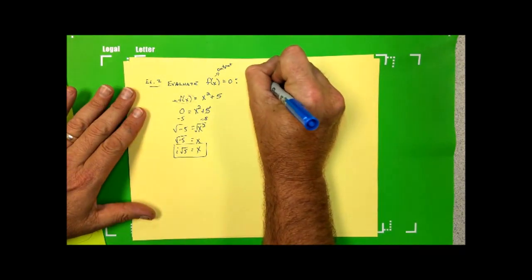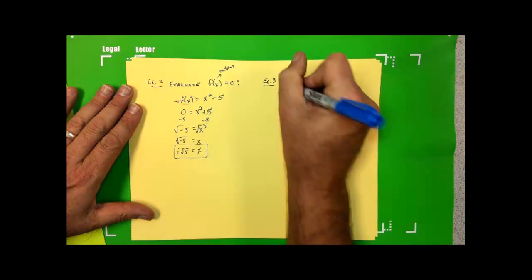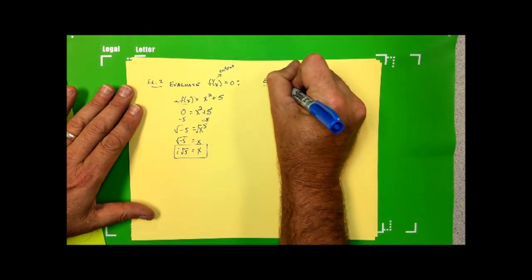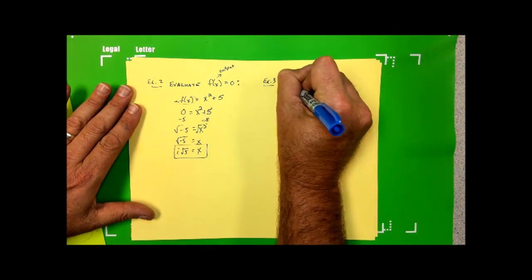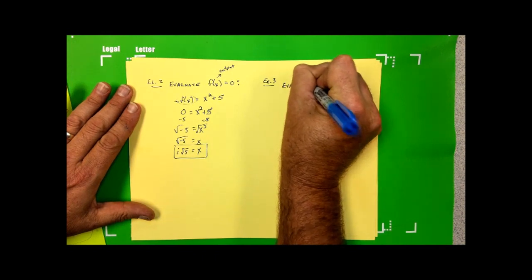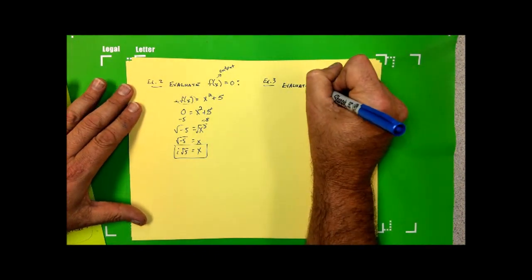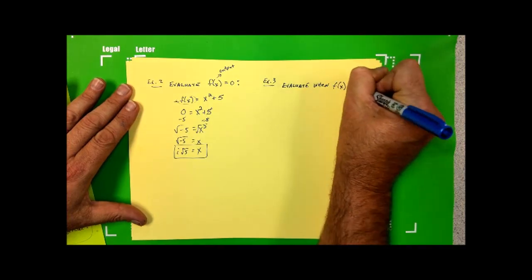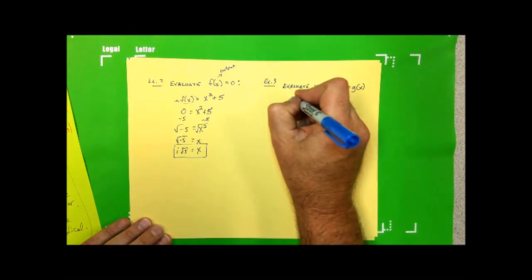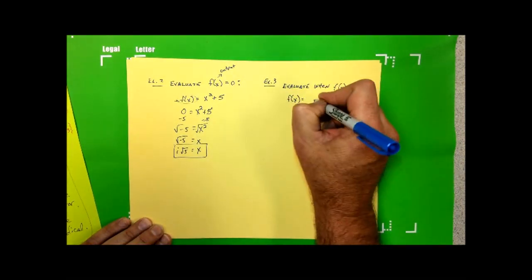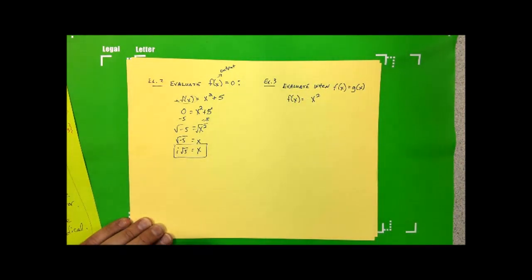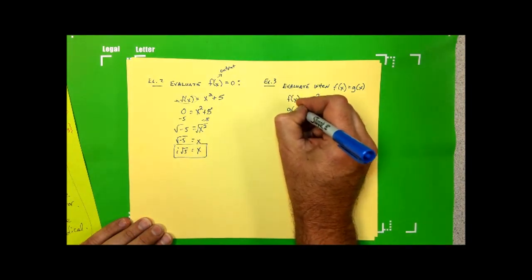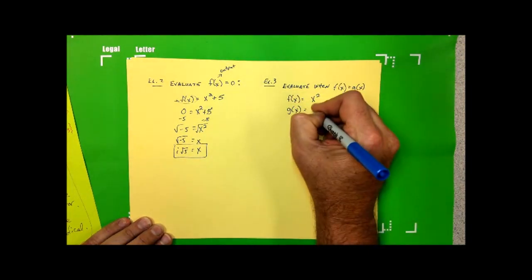Another thing that we would be interested in doing is to evaluate the following. And let's say I want you to evaluate when f of x is equal to g of x. For example, let me give you an f of x, and let me give you a g of x. Two different functions.